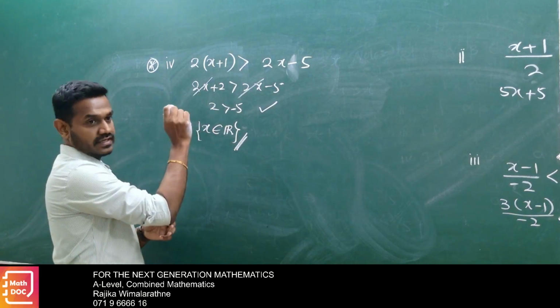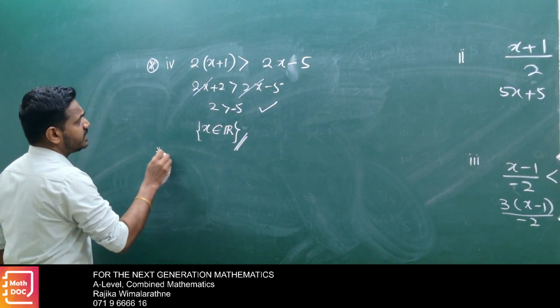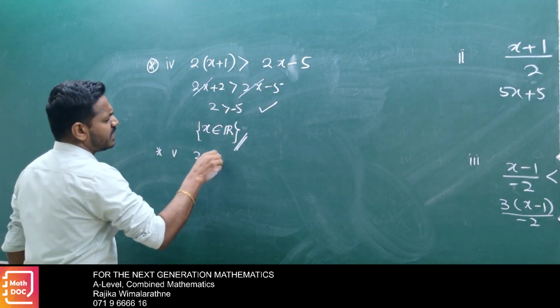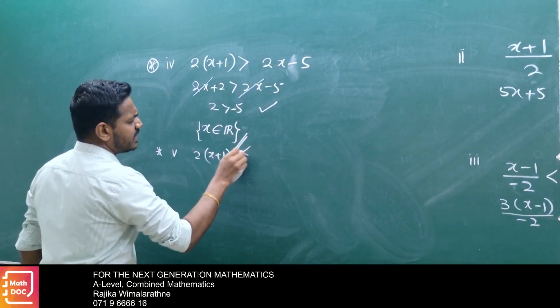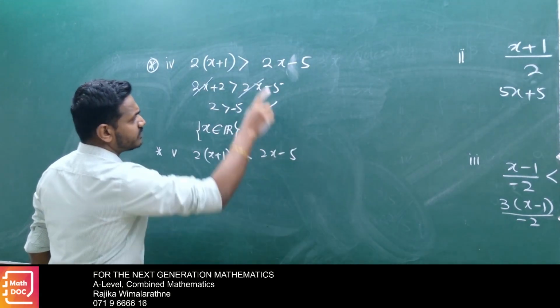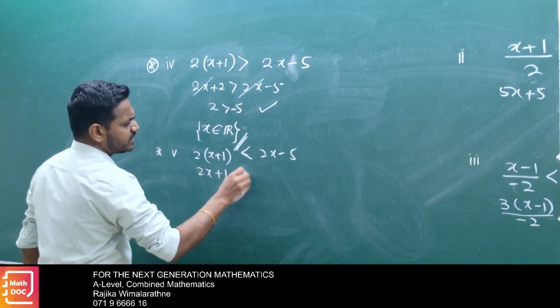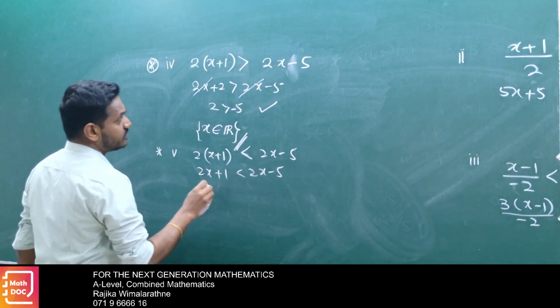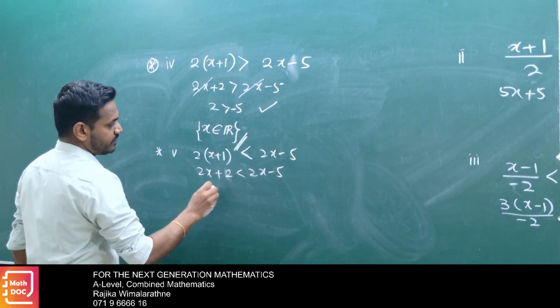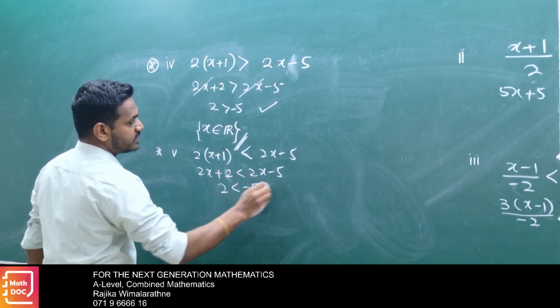Very rare case, okay? Then if you see 2 into x plus 1 less than 2x minus 5, same question but here only the sign is opposite. Then 2x plus 2 less than 2x minus 5, so 2 less than minus 5. We know this is completely wrong.